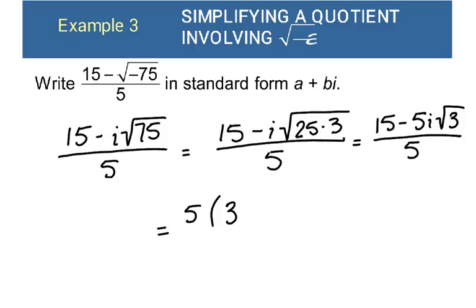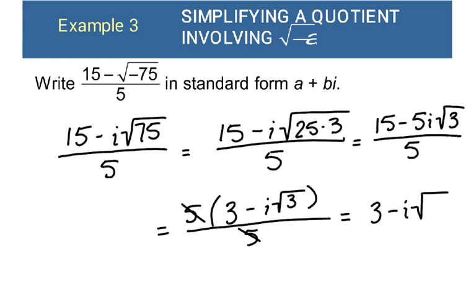And when we factor out 5 from the second term, 5i square root of 3, we end up with i square root of 3. And now, hopefully you can see what our last step is going to be. We're going to simply cancel these 5's out. And our final answer, or solution here, is going to be 3 minus i square root of 3. And there you go. Finally got our answer.